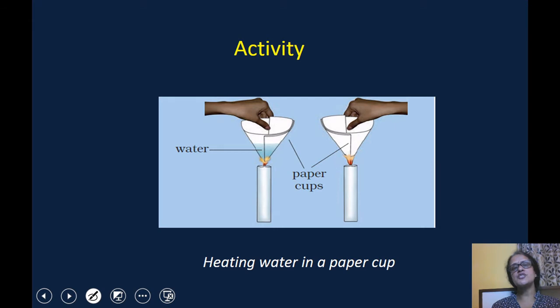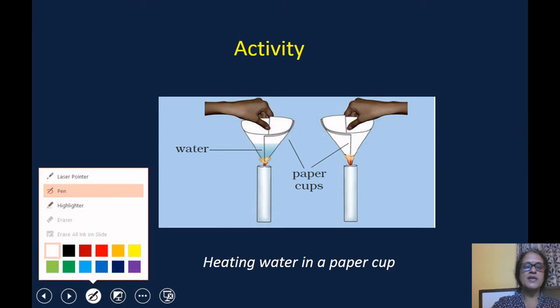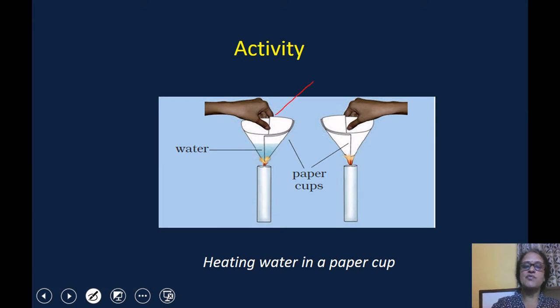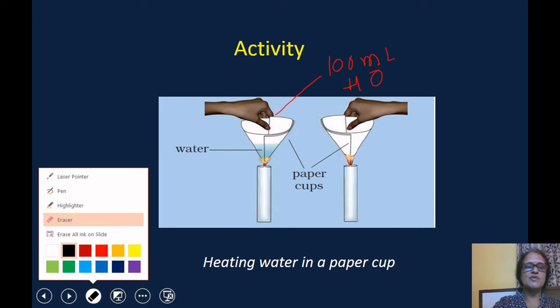Paper cups you can make simply by folding paper. Out of these two paper cups, one paper cup is filled with water. In the first paper cup, we have taken around 100 ml of water.